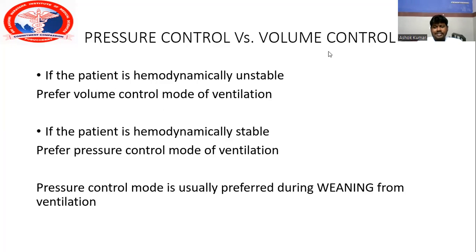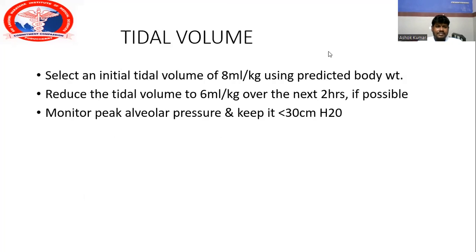Then next is pressure control versus volume control ventilation. If the patient is hemodynamically unstable, volume control ventilation is mostly preferred. If the patient is hemodynamically stable, pressure control ventilation is preferred. Pressure control ventilation is usually preferred during weaning from ventilation, to avoid increased tidal volume and barotrauma.